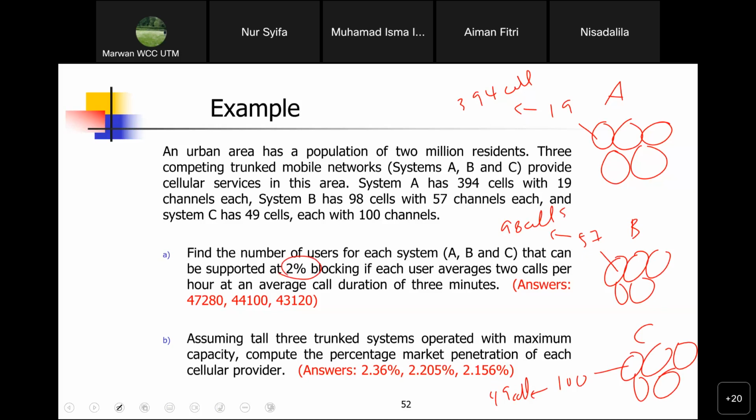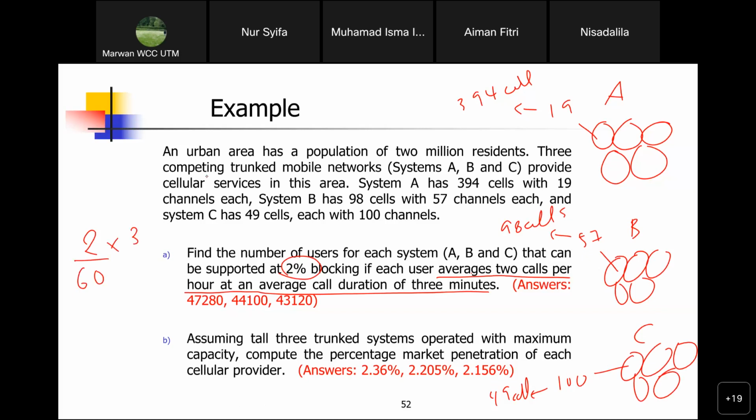Okay, and you put here an average of 2 calls per hour at an average call of 3 minutes. So this is to get your Erlang per user. What is the Erlang per user? They make 2 calls in 1 hour, which is 60 minutes, and every call is about 3 minutes on average.